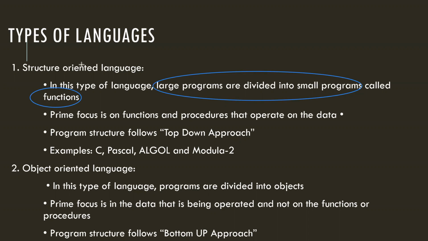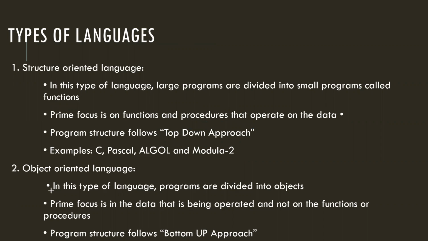This is how C language is structured. It has functions, and the primary focus is on tasks or the functions and procedures. It also operates on a top-down approach. Examples are C, Pascal, Algol, like what he said. So again, your focus is on the task at hand when it comes to structure-oriented language.